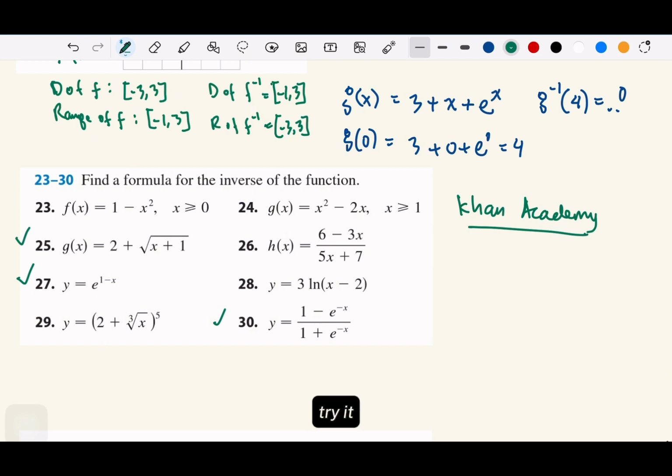Can you try? Do you get it when you're in high school? Yeah, you get the concept. Okay. It is so simple. You need to calm your mind. Okay, so anyone got it?